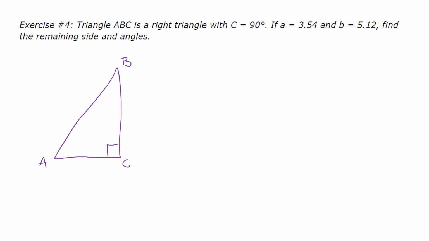We know that the side, lowercase a, is 3.54, and the side b is 5.12. We're asked to find the remaining sides and angles, so that means we need to find the hypotenuse, angle A, and angle B.